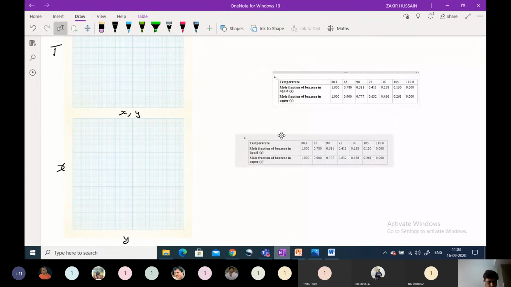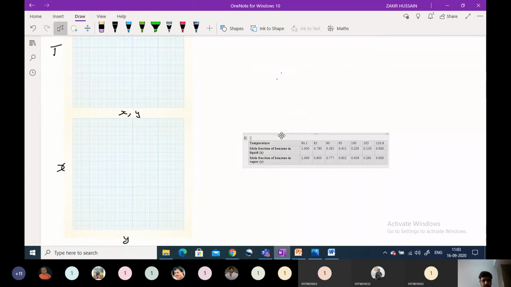So first we will draw x versus y. Usually these are mole fractions. We can take 0 to 1.